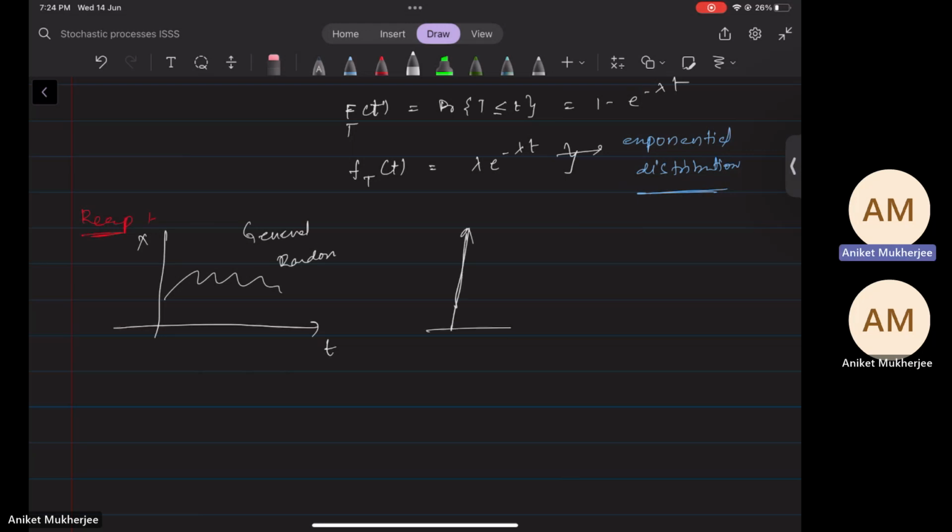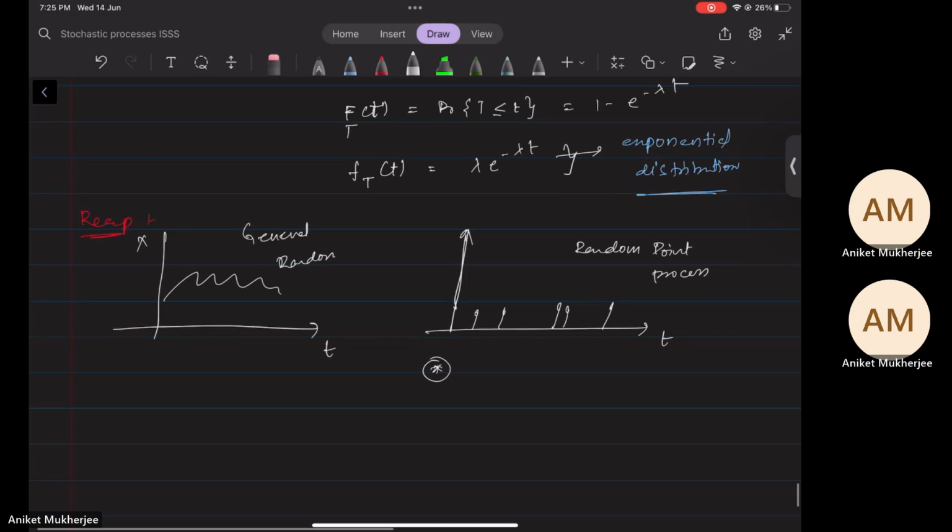Then you have random point processes where at each instance some event occurs, but the times at which they occur are random, of which the Poisson process is an example. The assumptions that we've taken are a known constant mean rate, lambda delta t.